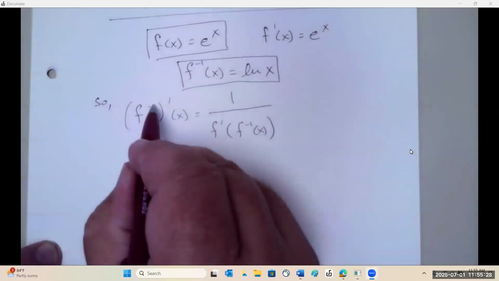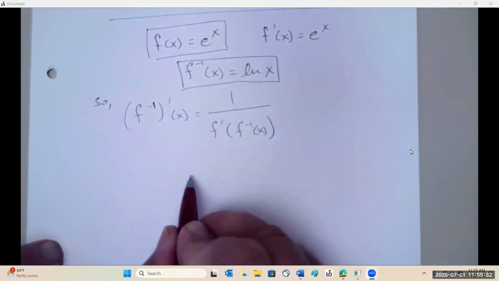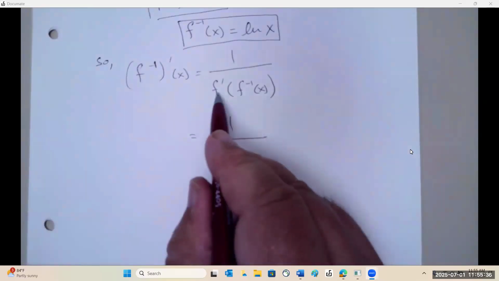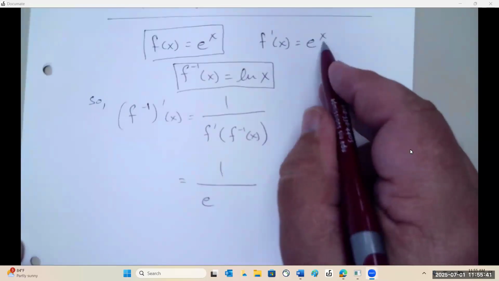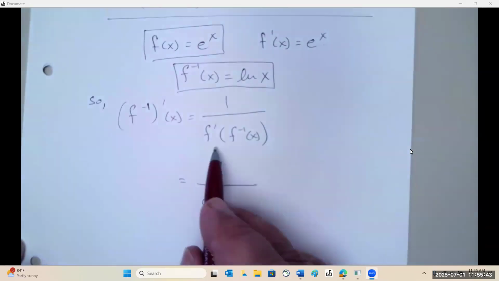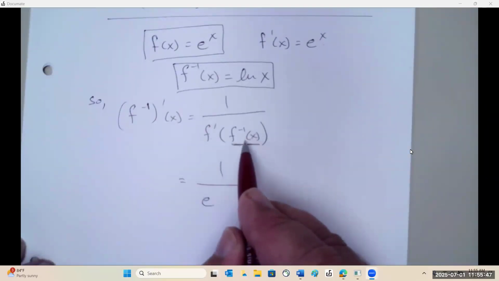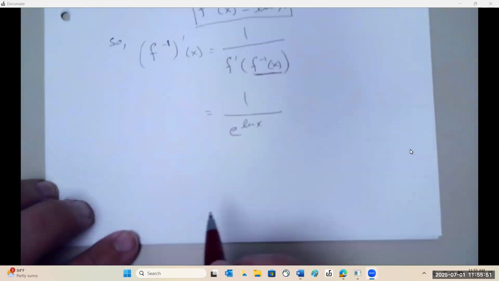So since the inverse function is ln x, we use this. The f prime is e to the power x. According to this, in place of x, I put the inverse function. The inverse function is ln x.